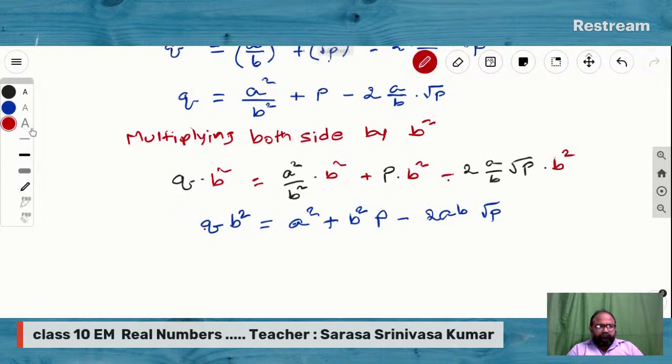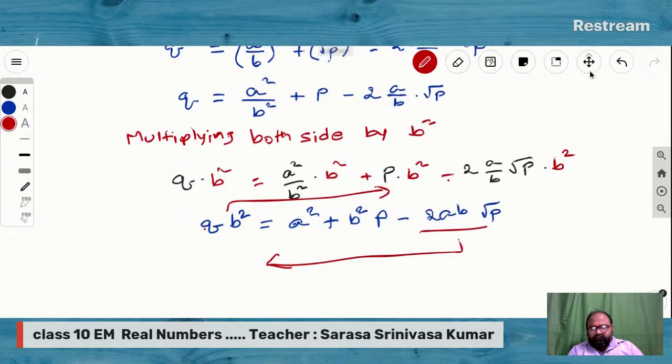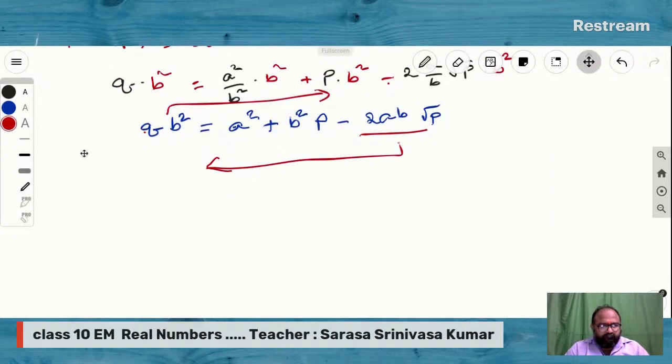Now we bring the square root of p term to the left hand side and q b square to the right hand side. Now we get 2ab square root of p equal to a square plus pb square.